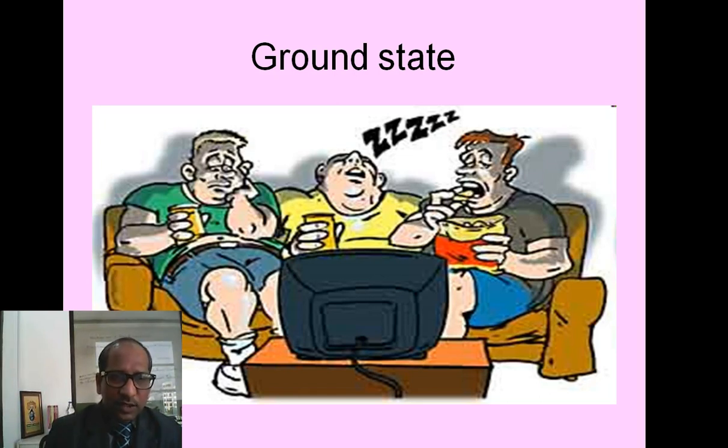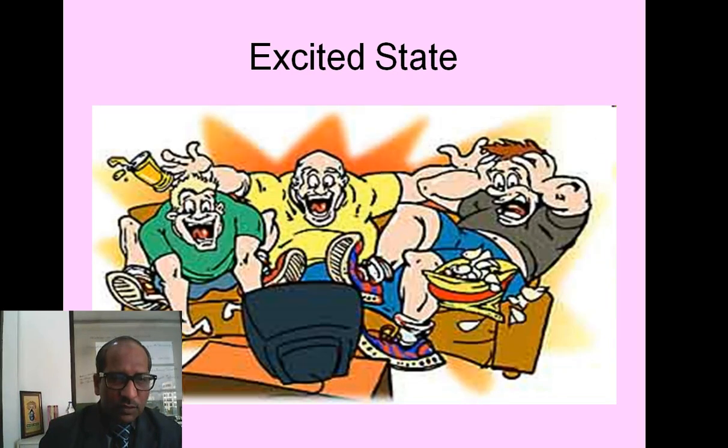And here, with the help of this picture, you can see that all these three friends are watching TV, enjoying these snacks, and sleeping. So this is the situation, and now observe this situation. They observe something different, and as a result, their internal configuration has changed. So now they are in an excited state.